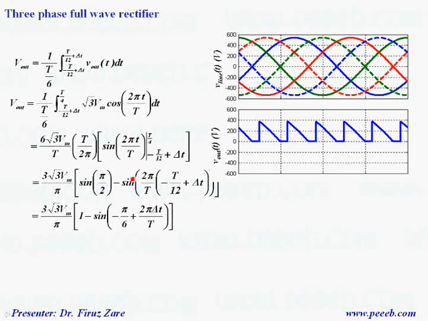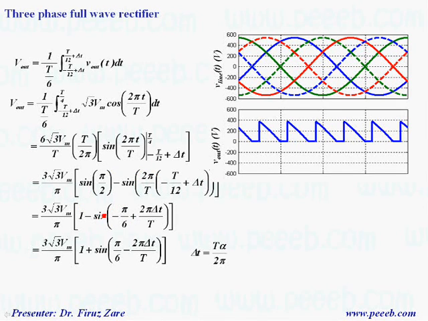Finally we can simplify, because sine pi over 2 is 1, and if we multiply this term into this equation, this term is minus pi over 6 plus 2 pi delta t over T. The output voltage can also be defined by the firing angle, because delta t equals T times alpha divided by 2 pi.